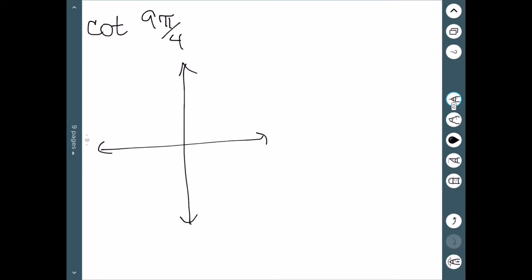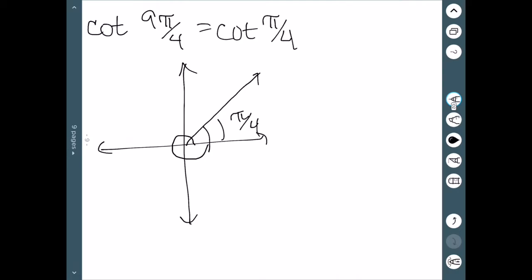Next, we have cotangent of 9π/4. A full circle is 2π, which is the same thing as 8π/4. And then we need to go up an additional π/4. So this will be the same thing as cotangent of π/4, which we know is 1.